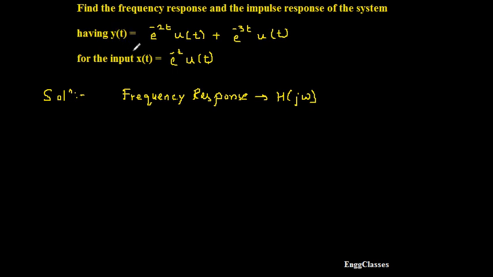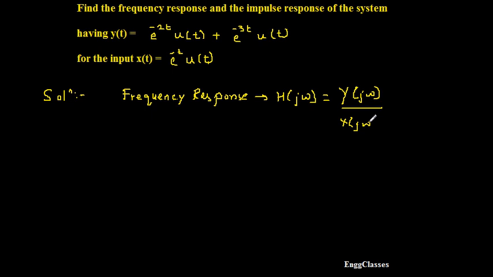For these I need to take the Fourier transform. If I take the Fourier transform of the output y of t, I get Y of j omega. And if I take the Fourier transform of x of t, I get X of j omega. Once I get that, I can get the ratio, and that ratio itself is the frequency response H of j omega, which is equal to output divided by input. Output would be Y of j omega and the input would be X of j omega.